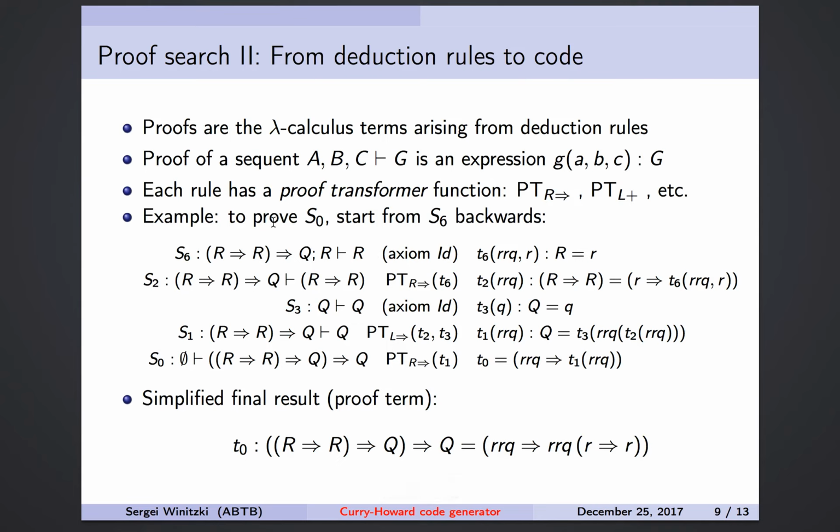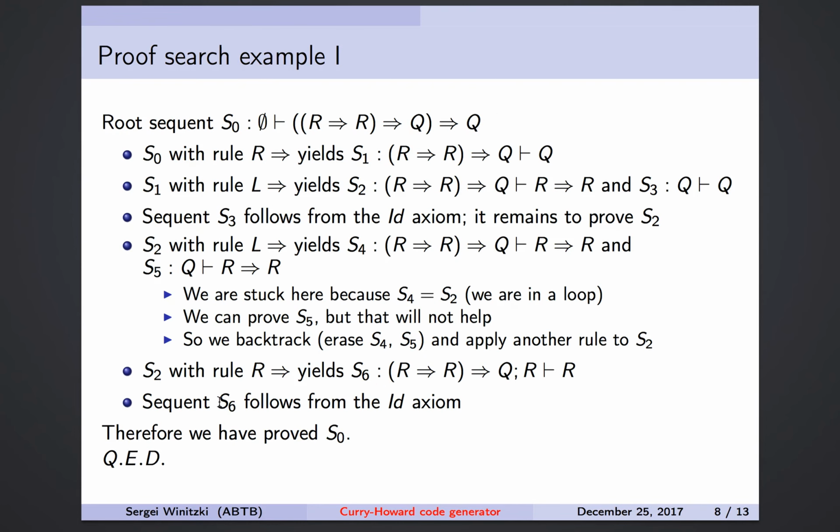So let us trace again the same derivation of the same sequent, which was here. But now building the proof terms. So to build the proof terms, we have to start backwards from S6 back to S3, S2, S1, S0.